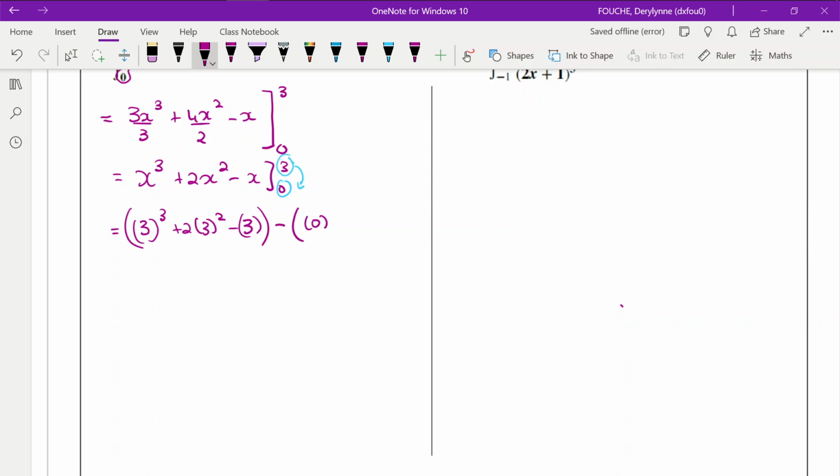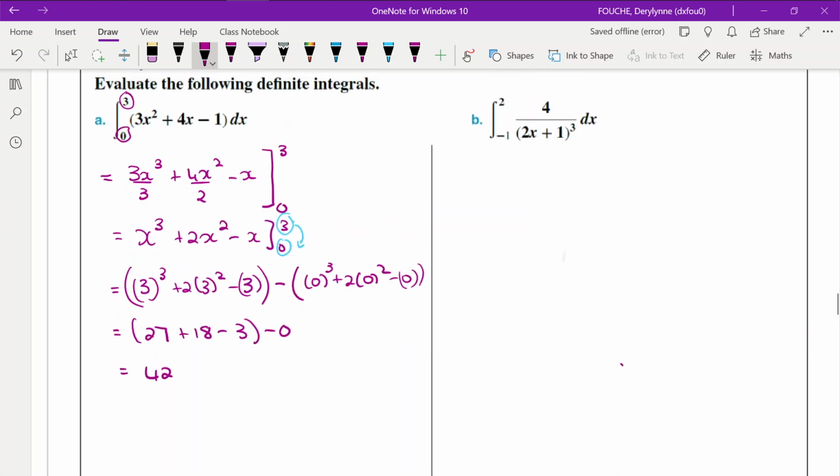Okay, so 0 cubed plus 2 times 0 squared, take 0. In this case, the whole expression is equal to 0, but very often it isn't. All right, so now we have 27 plus 18 take 3 take 0, and when we work that through we get a value of 42.